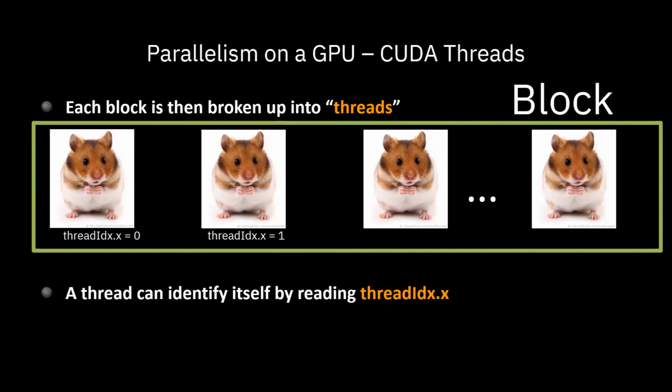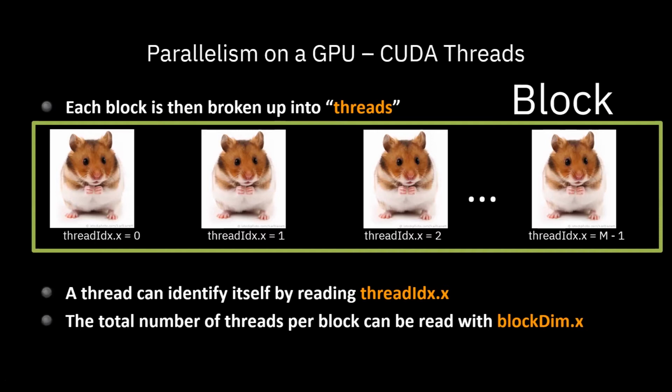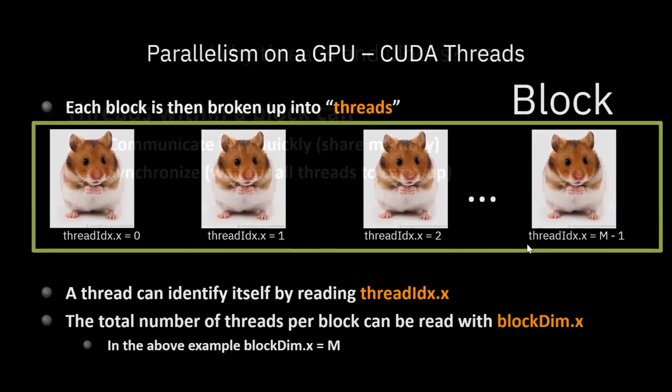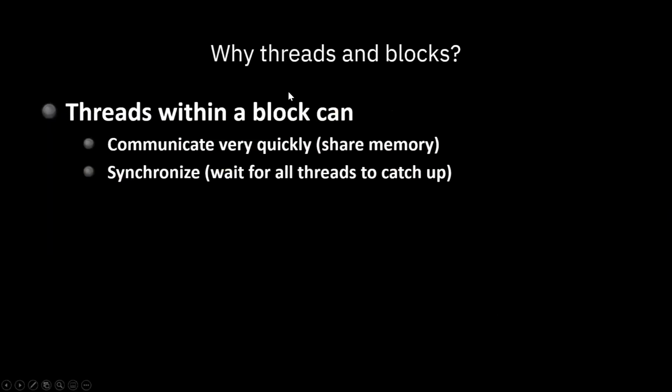Each of them is recognized by a thread ID, and the total number of threads that you have per block is the dimension of the block. The difference between thread and block is important to know, and then later to understand how you will share or split the different parts.